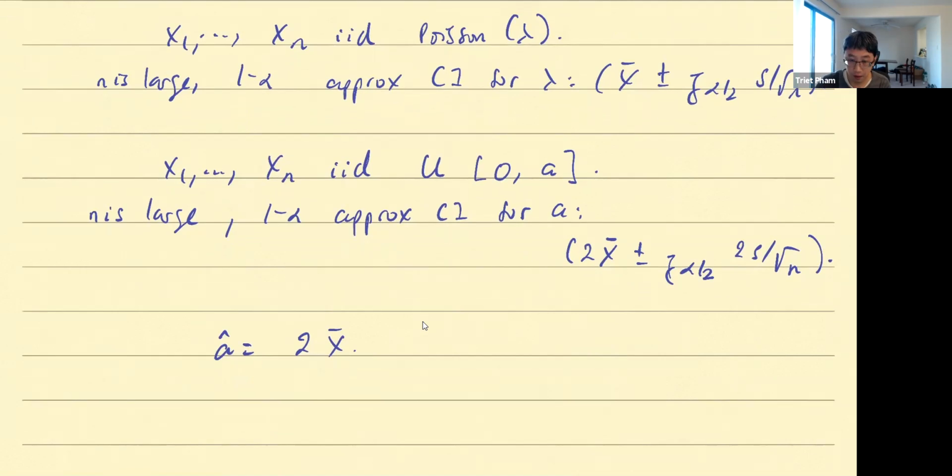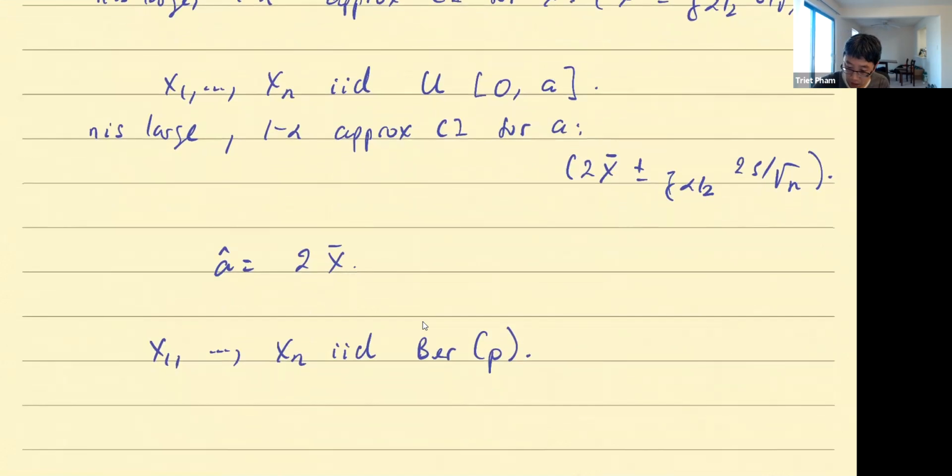Now, finally, you have X1 up to Xn, IID, but now it's Bernoulli p. Here p is the mean, because the expectation of any Xi is equal to p.